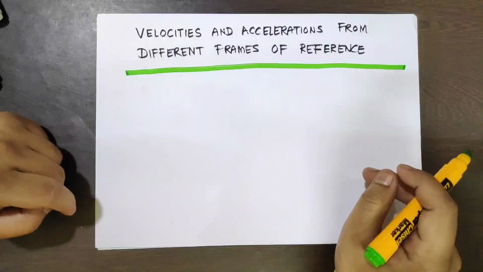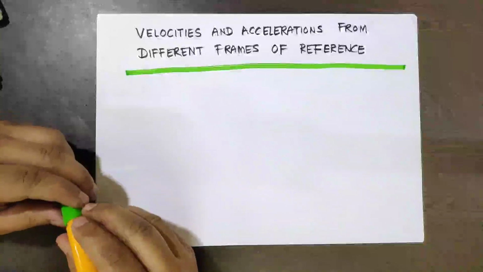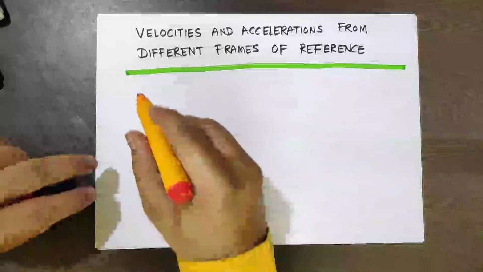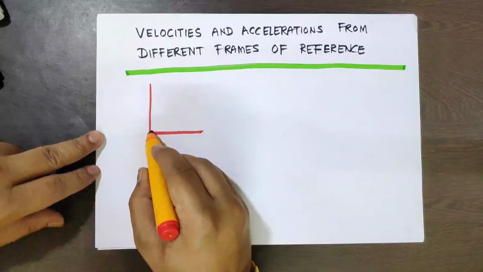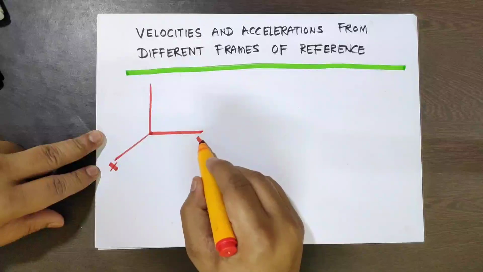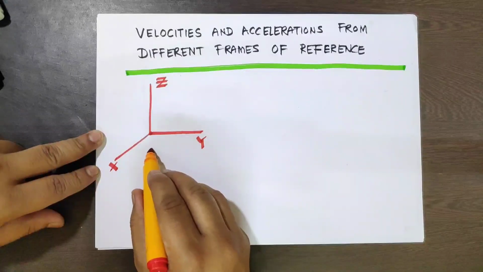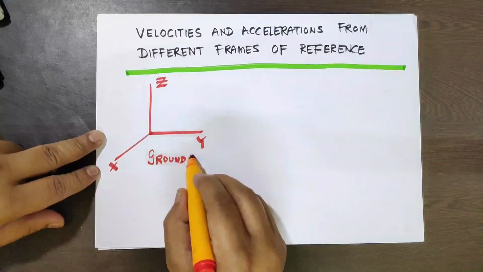So we'll discuss velocities and accelerations from different frames of reference. We'll construct two frames here. This one, capital X, Y, Z, is the ground frame.